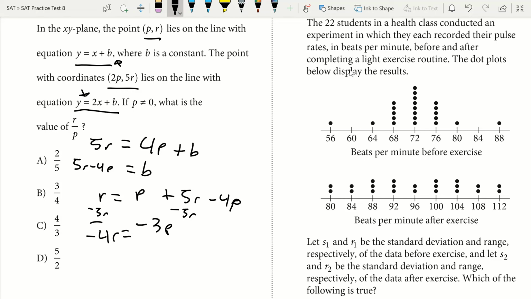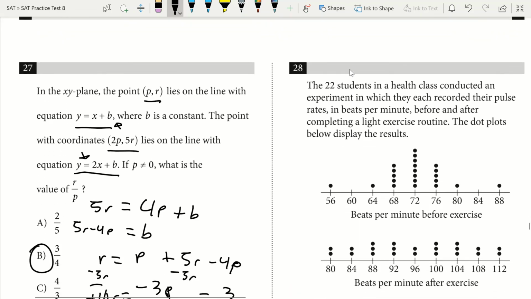Now I need to get r over p. So I'm going to divide the right and left sides by p. So I have negative 4r over p. And now I'm going to divide each side by negative 4. So now I get r over p equals negative 3 over negative 4. Negative 3 over negative 4 is equal to 3 over 4. My answer will be B.